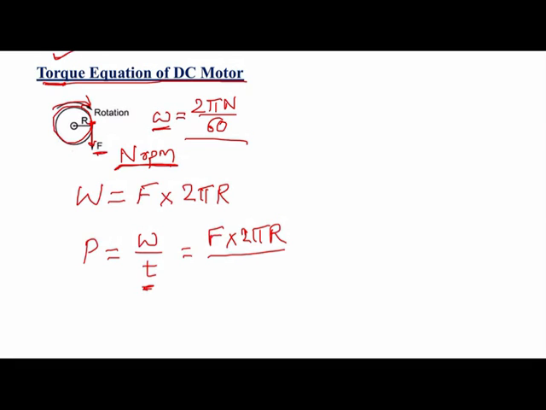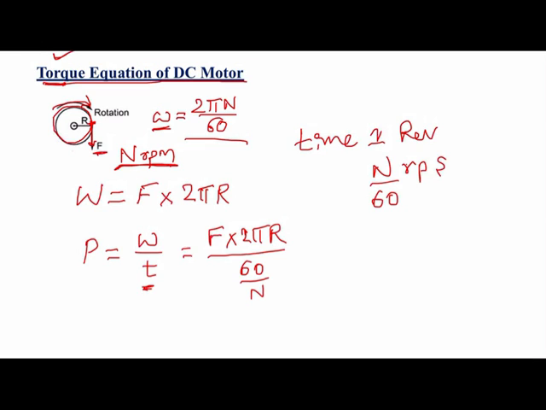We know that speed and time are inversely proportional. Since the speed is n rotations per minute, in seconds it is n by 60. So the time taken is the inverse, 60 by n. So the time taken for one revolution is 60 by n.